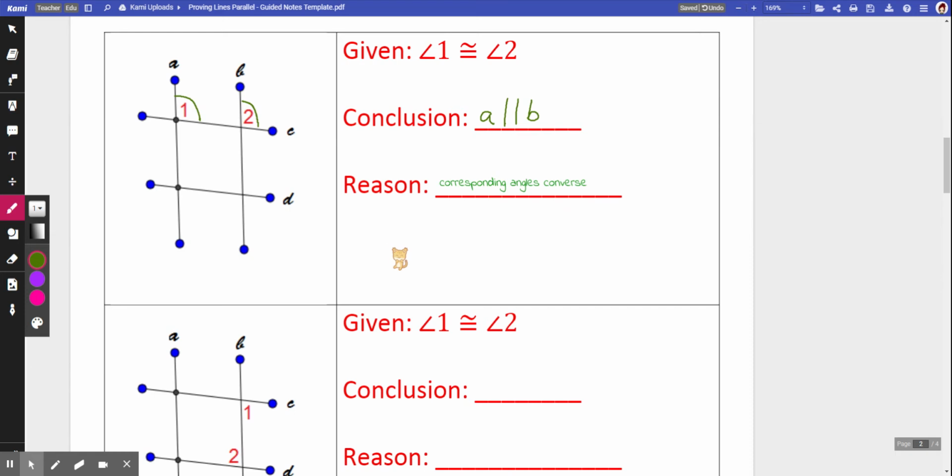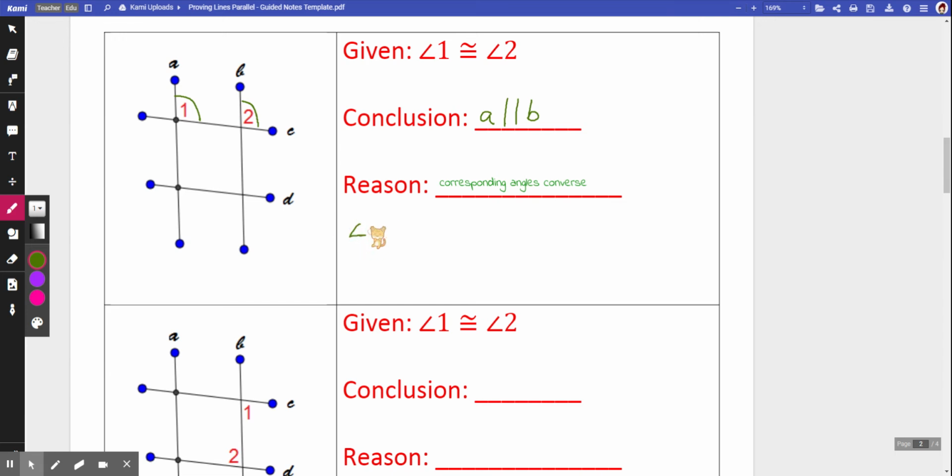So when you're doing proofs, a lot of times you do some kind of backwards thinking where you start with your reason and then you go back to, okay, what was my conclusion? Because you have to look at what angle pair it is. Is that right? Corresponding angles are supposed to be congruent, so it does work. In a proof, it would look like this.